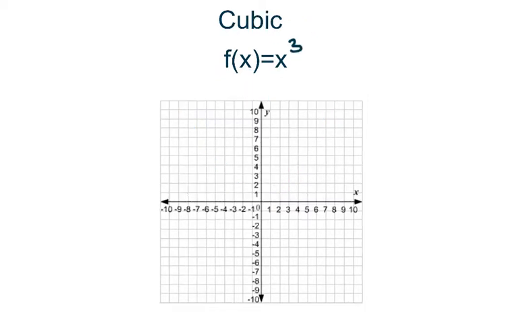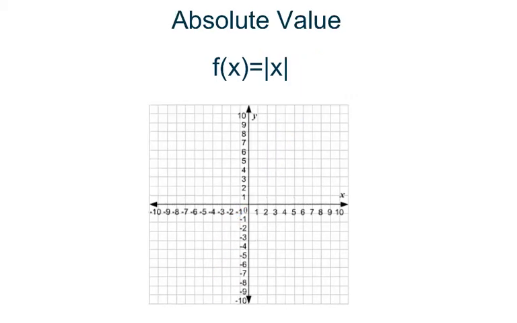Cubic might be a little new for you. It's called a cubic because it has x cubed. It kind of looks like a roller coaster, I think. So something like this. Absolute value. So absolute value is when it looks like a V-shaped graph.